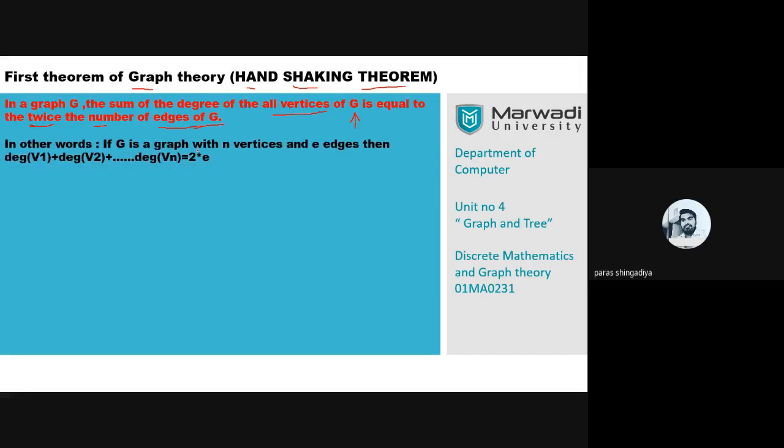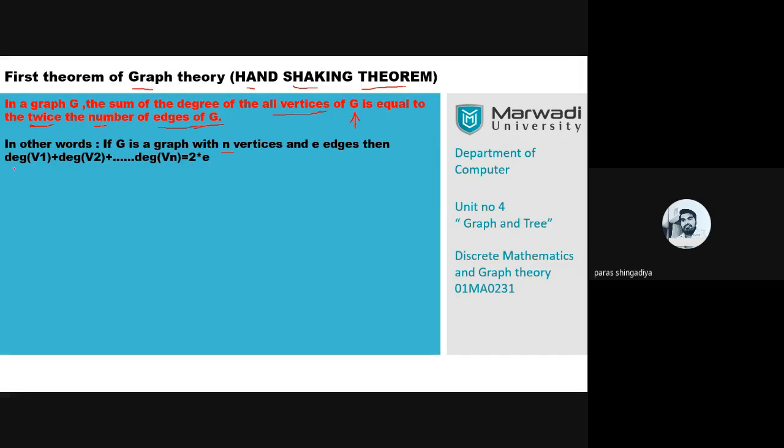In other words, G is a graph with n vertices. Now you can have any shape there, and E is the edges. Then degree of V1 plus degree of V2 plus up to degree of Vn equals 2 times the number of edges.